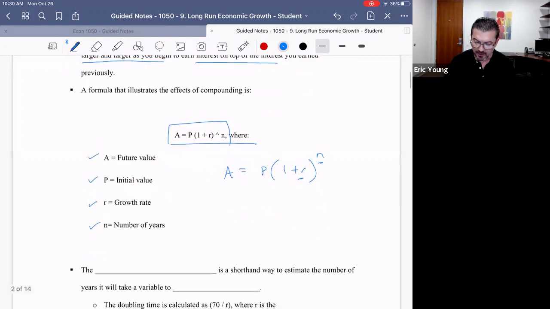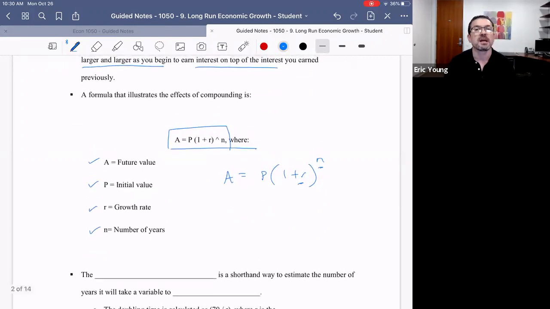To give you an example of the power of this, let's assume a society was able to sustain a growth rate of 3.2%, not just for a year or a couple of years, but for a century. A very modest, achievable 3.2% growth rate, sustained for 100 years.